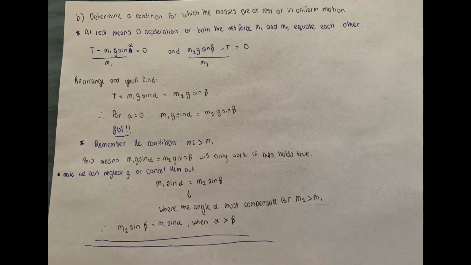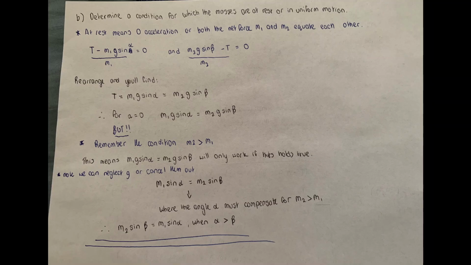Note that we can also neglect the gravitational constant, because we can divide it across and cancel it out, where m1 sine alpha is equal to m2 sine beta, where the angle alpha must compensate for m2 being greater than m1. Therefore, m2 sine beta is equal to m1 sine alpha when alpha is greater than beta.